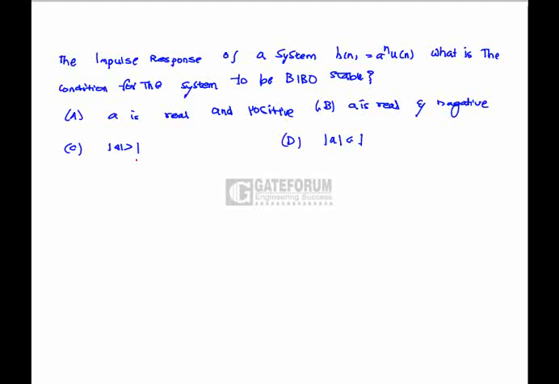The question is, the impulse response of a system h of n is a to the n u of n. What is the condition for the system to be BIBO stable? For BIBO stability, h of n must be absolutely summable. Absolute summability of h of n is nothing but the BIBO stability of a system whose impulse response is h of n.